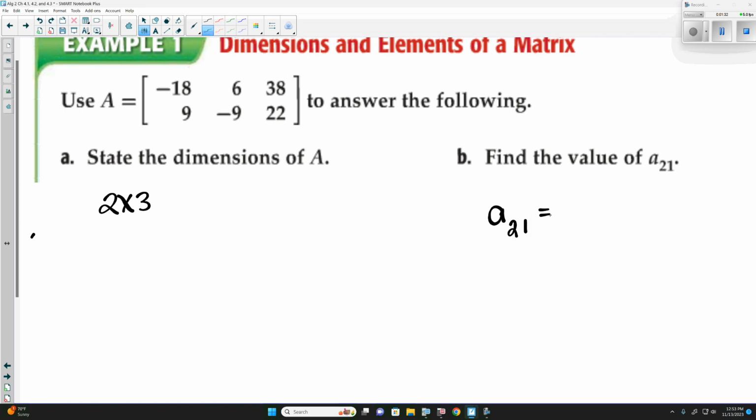So 2 by 3, down, then over. Now, if we want to find the value of element 2,1 in this matrix A, it would be second row, first column. And the second row, first column would be 9.